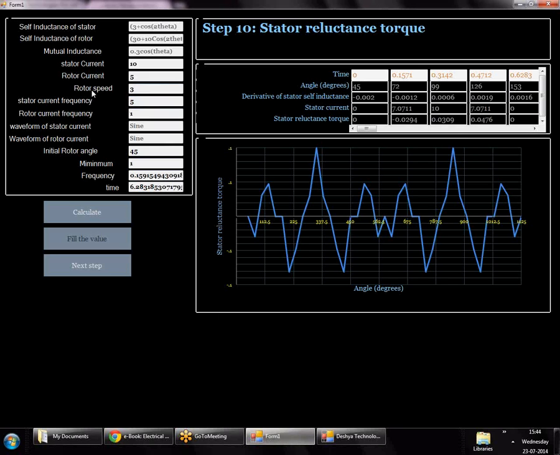Here the angular speed of the rotor is 3 radians per second, and the frequency of the stator current is 5 radians per second. Since it does not satisfy that condition, we have a 0 value of stator reluctance torque.